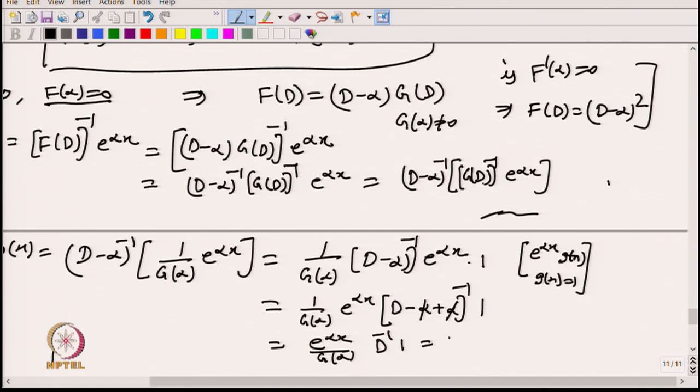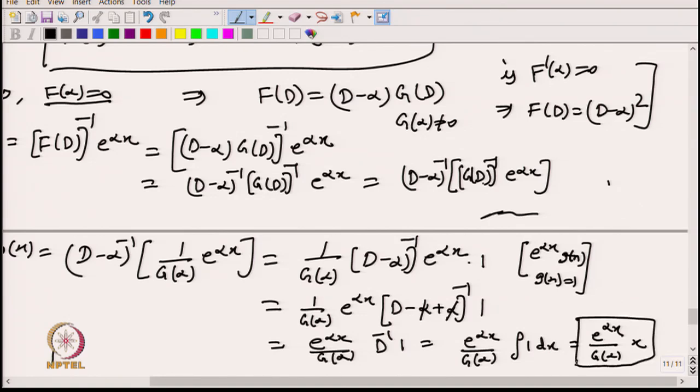And what is this D inverse? It is just integration. So, e^(alpha x) over g of alpha times the integration of 1 with respect to x, and this will be x. So, it will be e^(alpha x) x over g of alpha. That will be the particular solution in the case when f of alpha is 0.